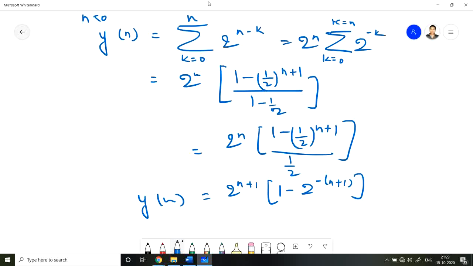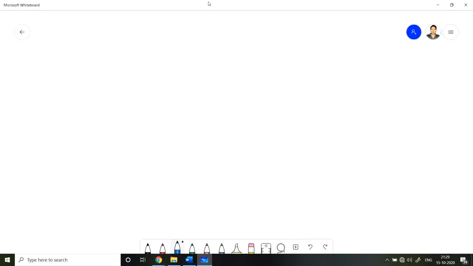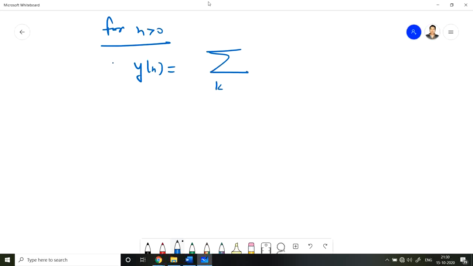Now consider the case when n is greater than 0. So for n greater than 0, what is happening is that we have yn equals, so what is the range for the overlapping? It is n to infinity only. 1 into 2 raised to the power n minus k.